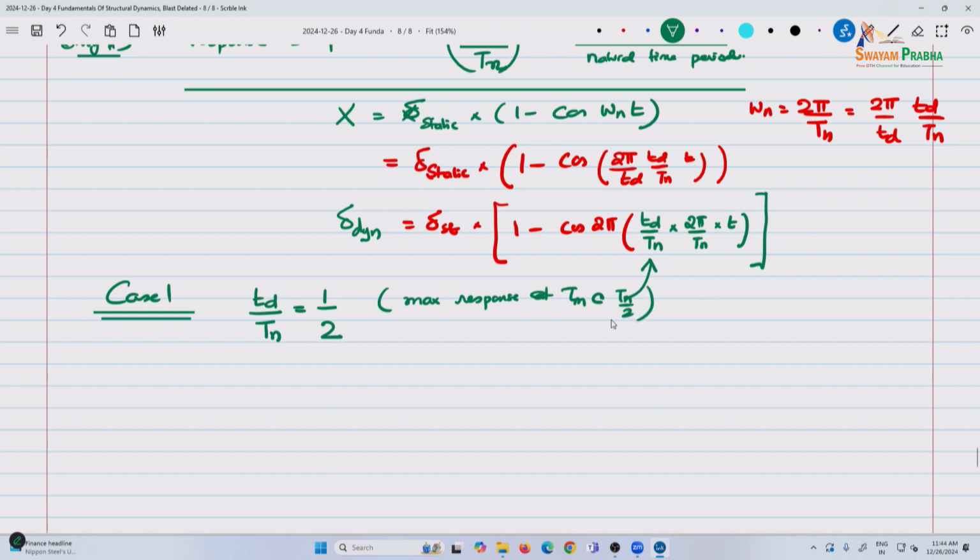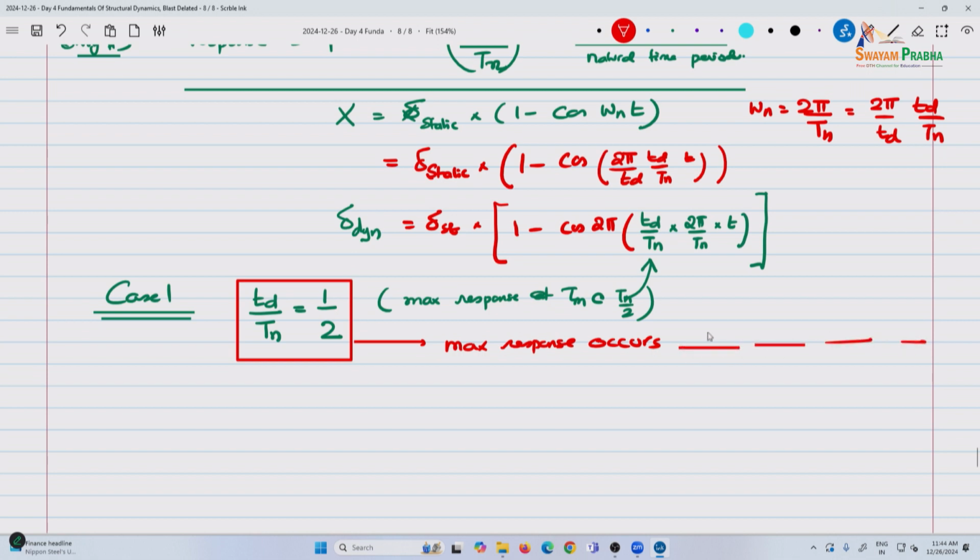So in this case, the max response occurs at the end of the load duration. So now we are expressing the max response because load duration is important for us. Would you agree with that statement? Maximum response is at the end of load duration, right?